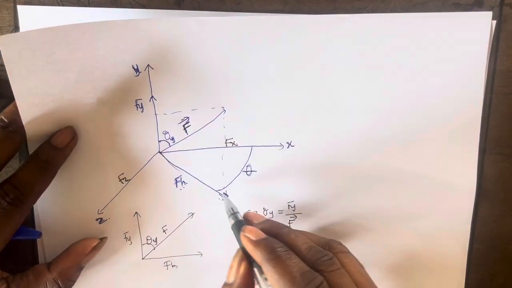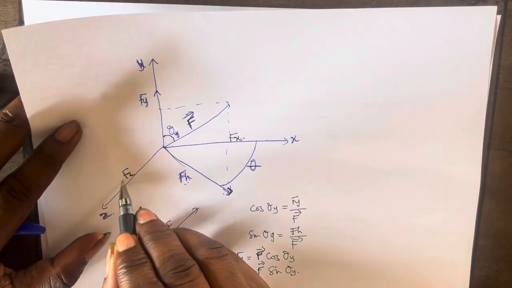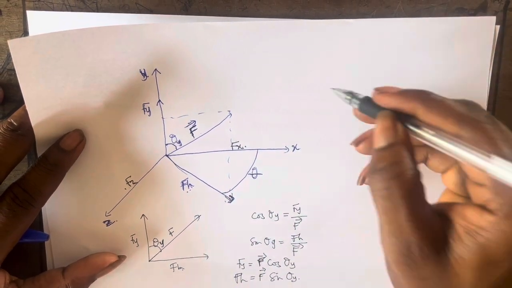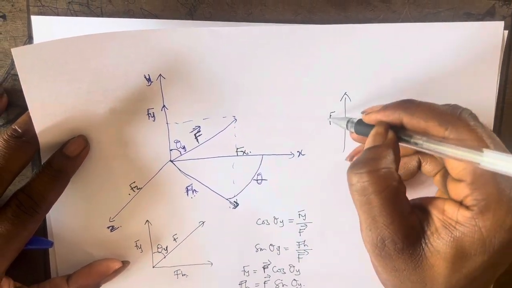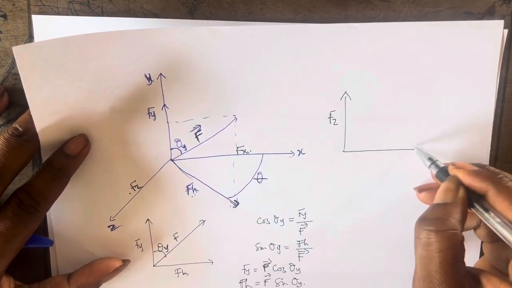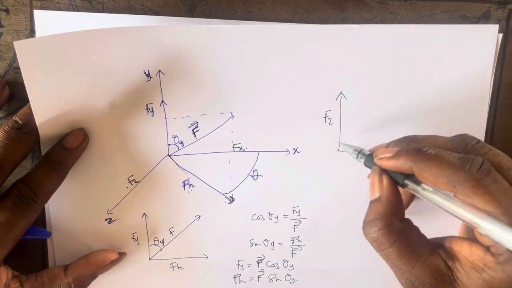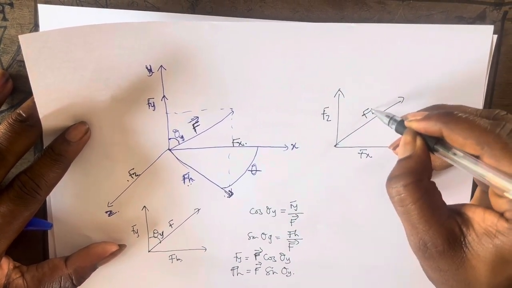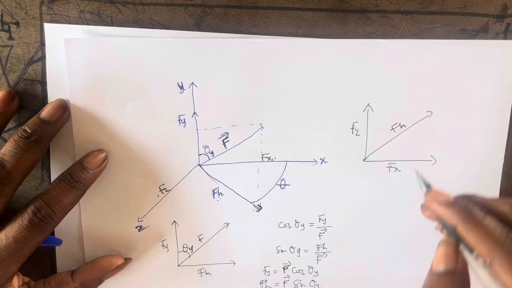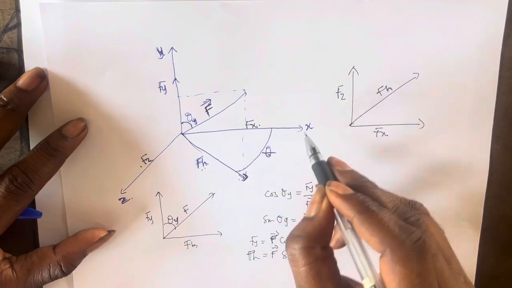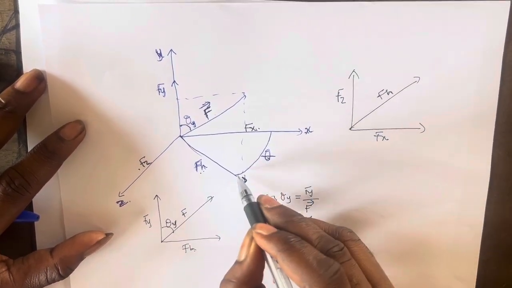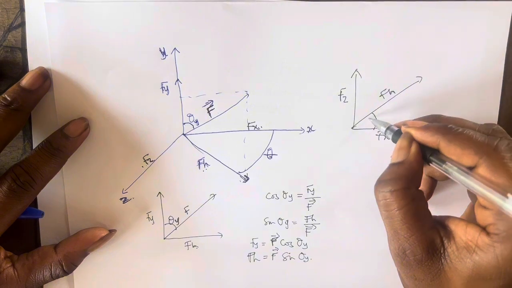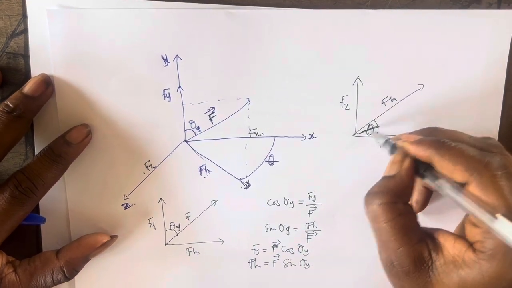That means we are resolving Fh into Fx and into Fz. So we can pull it this way, Fz. This is our Fx, and we get this as our Fh. And we get the angle between the Fx and the Fh as phi. So this is the angle between them. That is the phi.